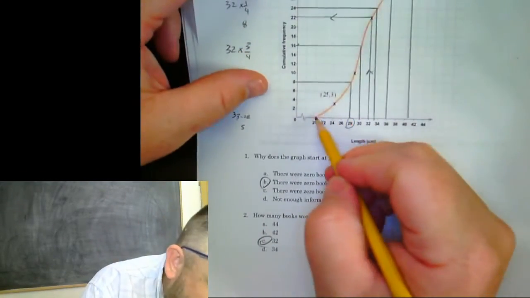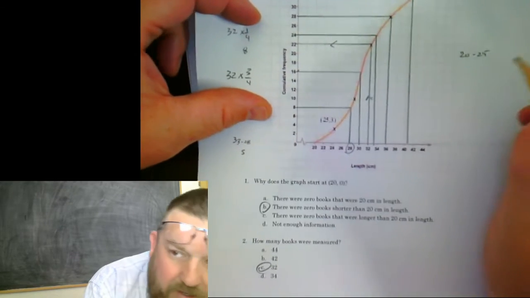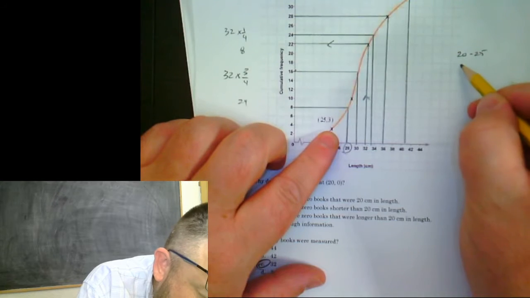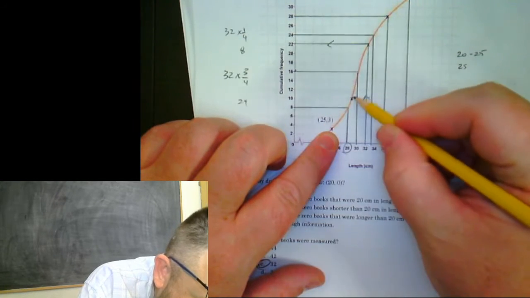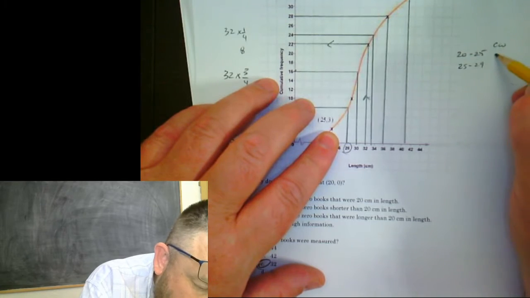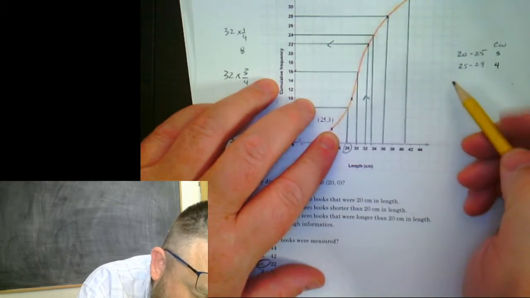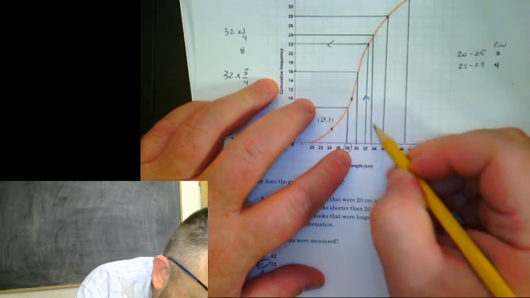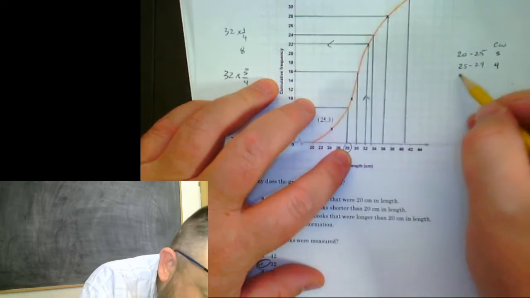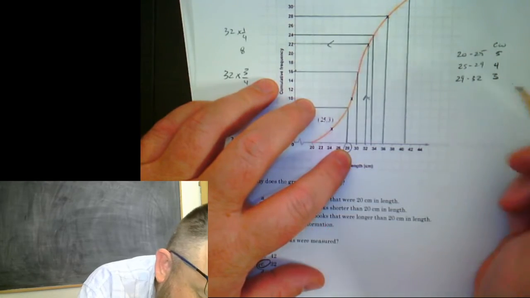See, look, we've got from 20 to 25, a class width of 5, and then from 25 to 29, a class width of 4. From 29 to 32 is a class width of 3.